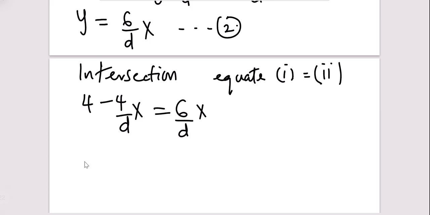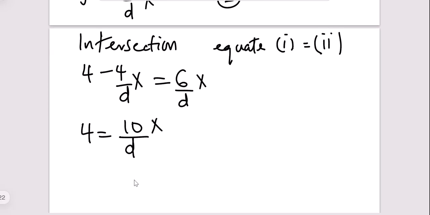And with this, we have 4 equal to 10 over d x. By making x the subject of the formula, x by simplification is going to be 2d over 5.